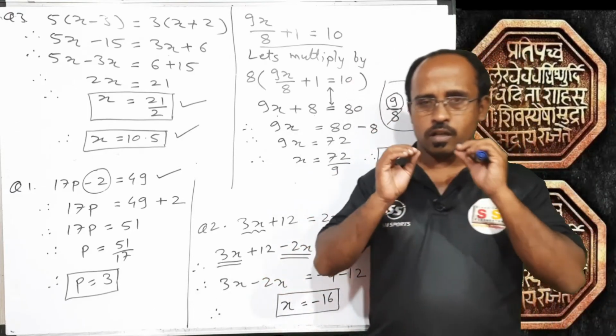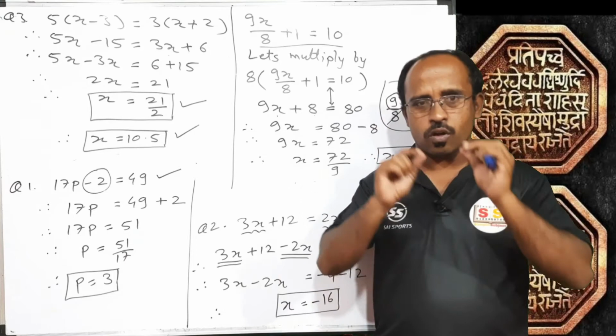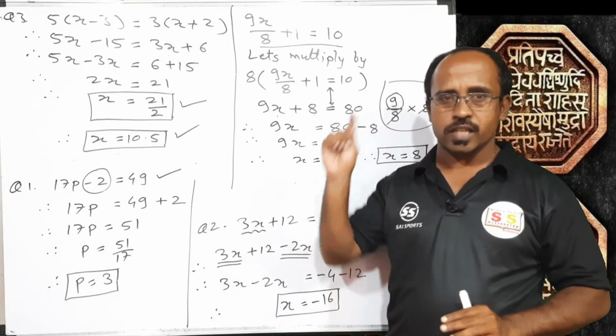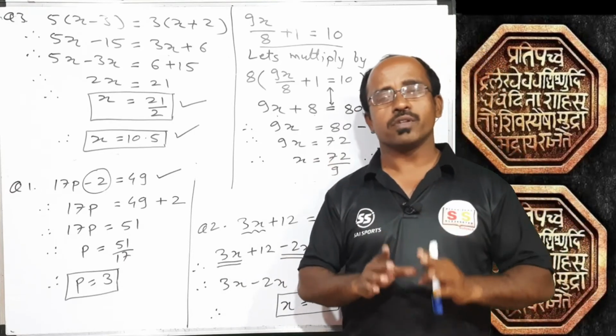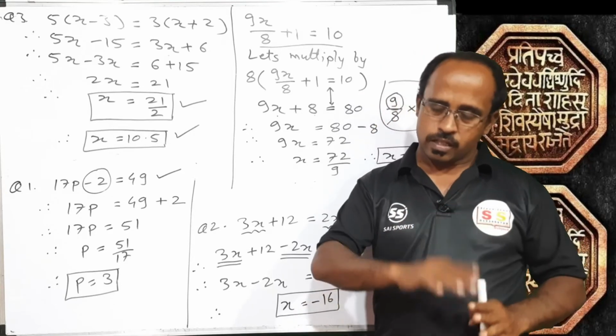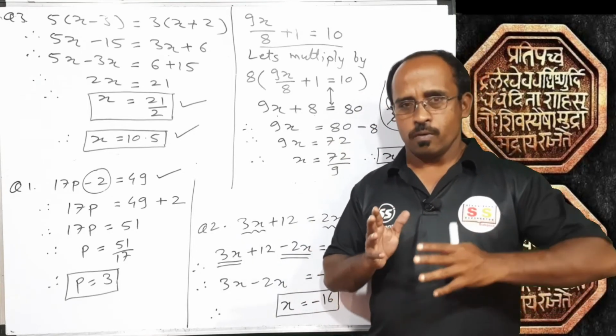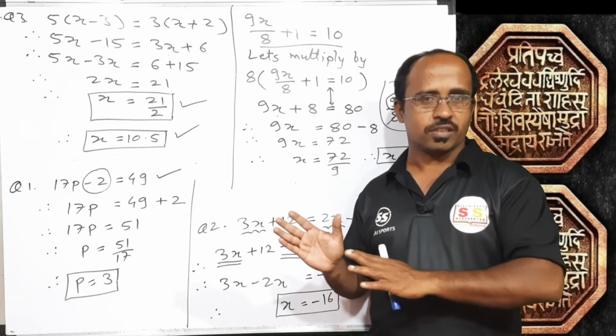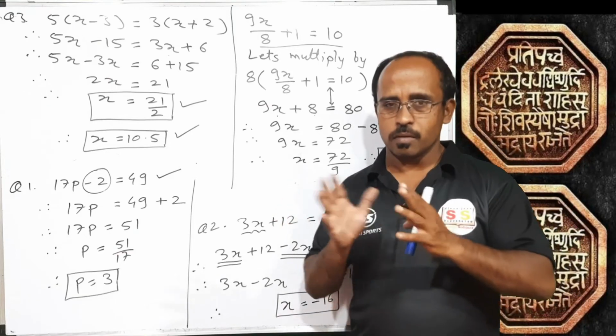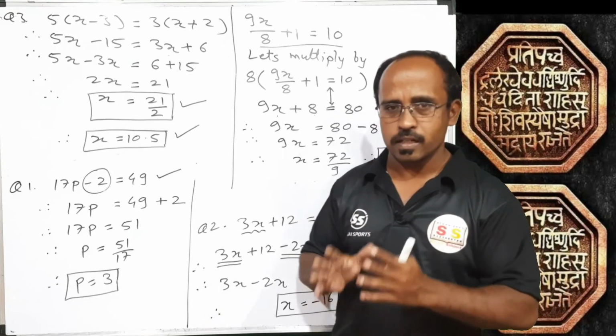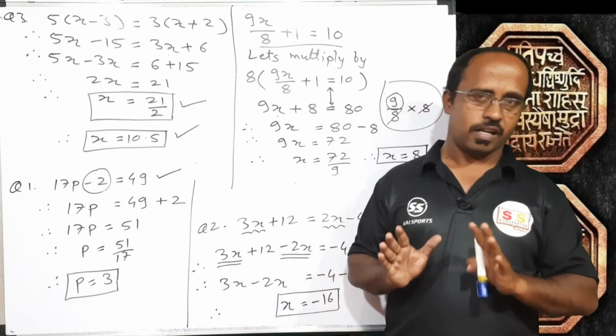Means what? A number which is doing subtraction or addition will change its side first. Then a number which is doing multiplication or division will change its side. Then a number with order will change its side. Then the numbers in the bracket will change their side.